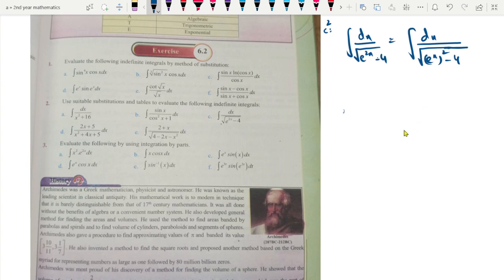So this will become, let u is equal to e power x, and du divided by dx is equal to e power x, and du is equal to e power x dx. So put the value of this one.